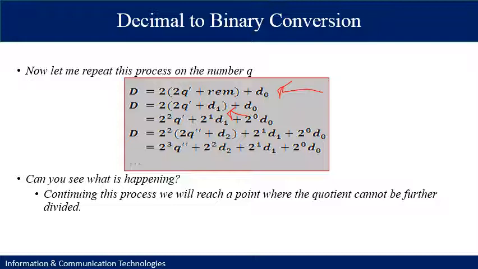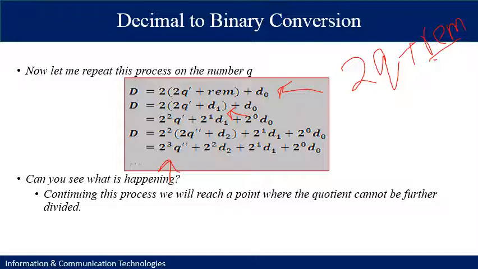If you expand the formula by using the similar division rule from the previous slide, which was dividing the number and getting 2q, sorry, 2q plus rem, and replacing 2q plus rem for each digit, you get the subsequent values, and in the case of this term we get this equation.